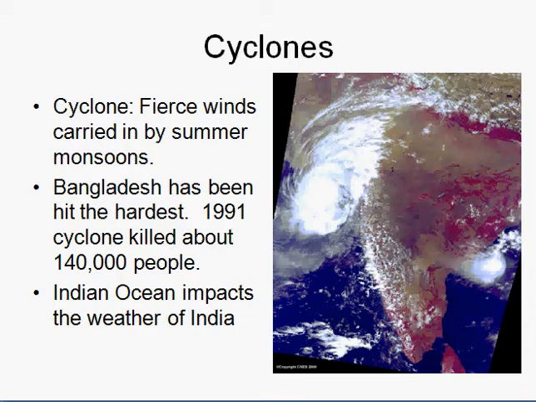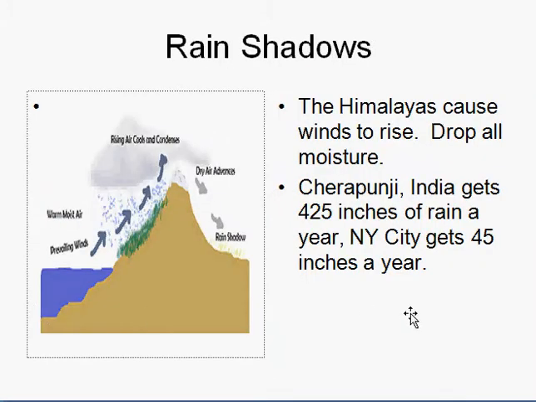Another interesting geographical weather impact on South Asia is called rain shadows. The summer monsoon keeps coming across India, and then it hits mountains like the Himalayas. As the air cools, it has to drop all its moisture to get over the mountain. So let's go up here.